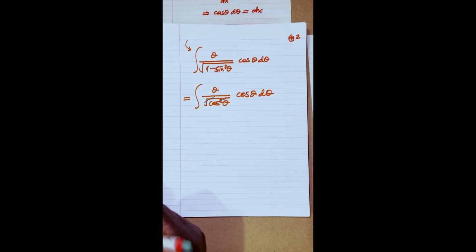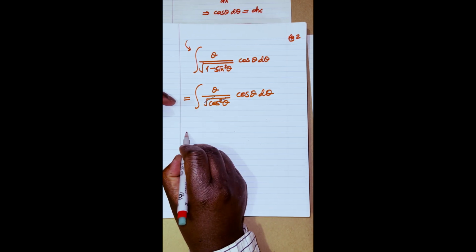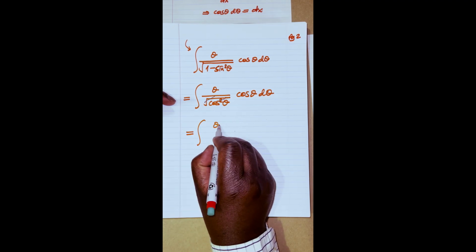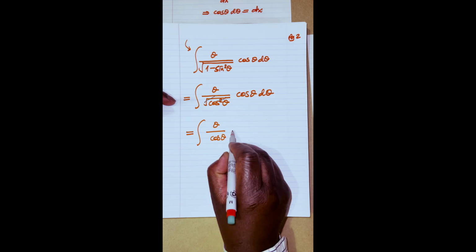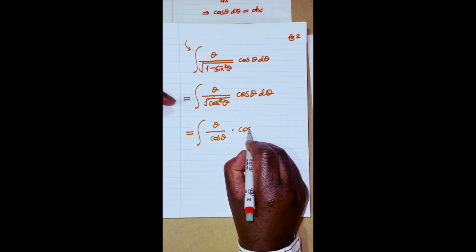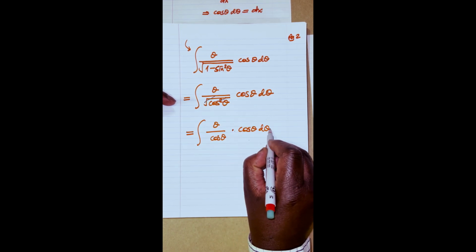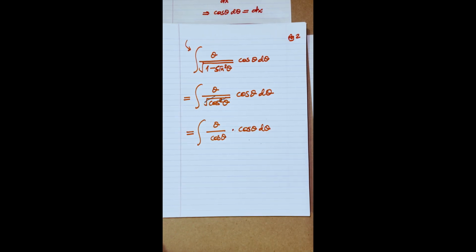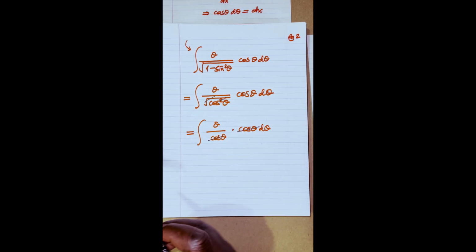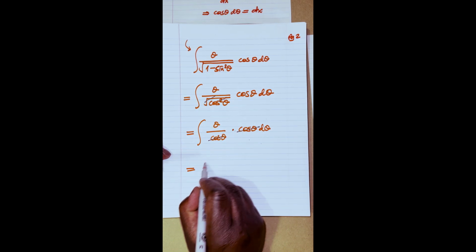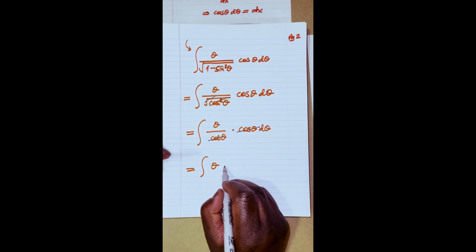Well, what I have now is this integral is equal to the integral of theta all over cos theta, times cos theta d theta. Now you'll agree with me that this cancels that. So what do we have now? Well, what we have now is the integral of theta d theta.